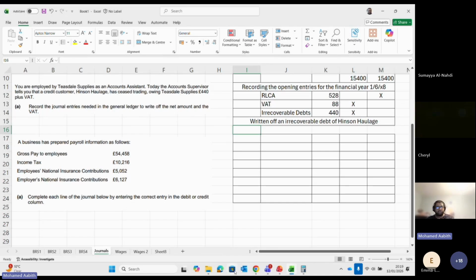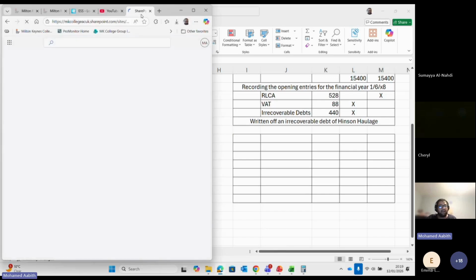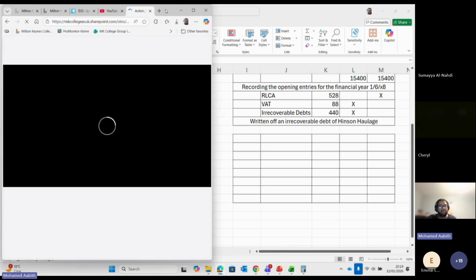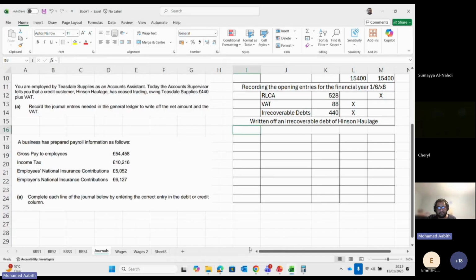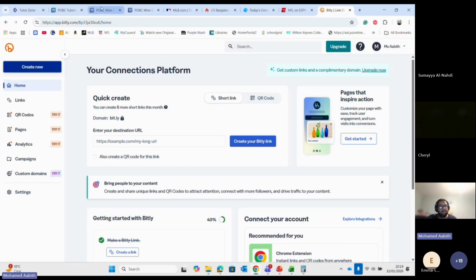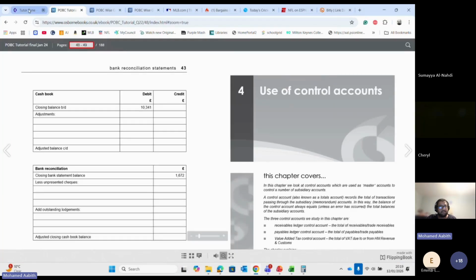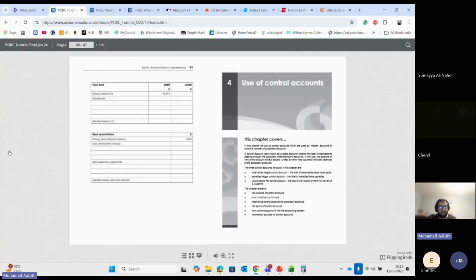So for this one, guys, let me quickly check the question in my Osborne questions I did have earlier. Give me 1 second, not this one. Where is it? This one.